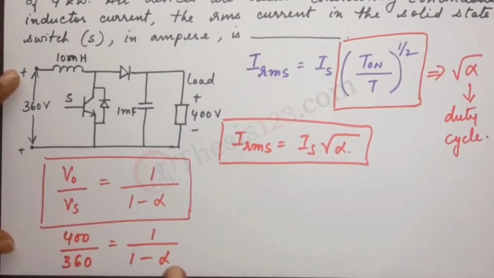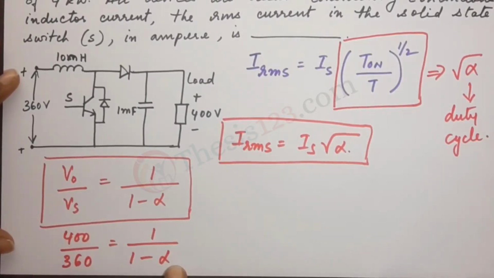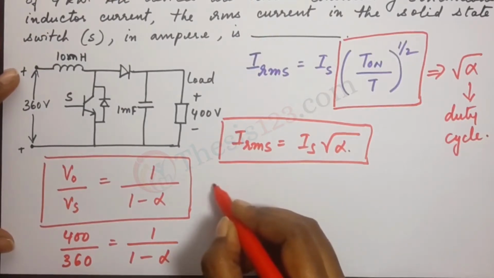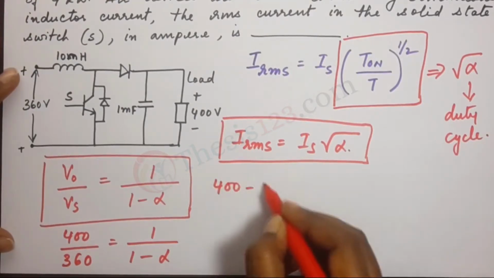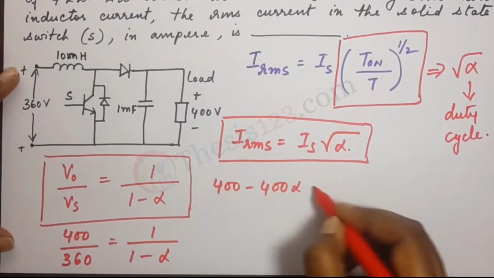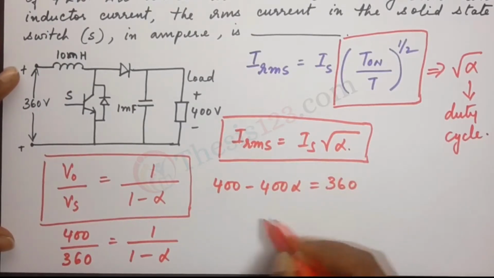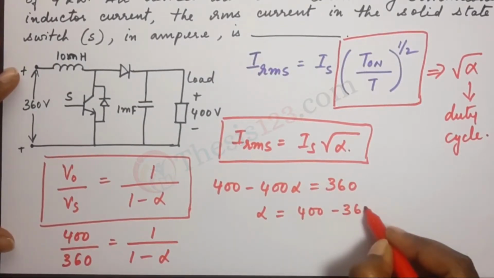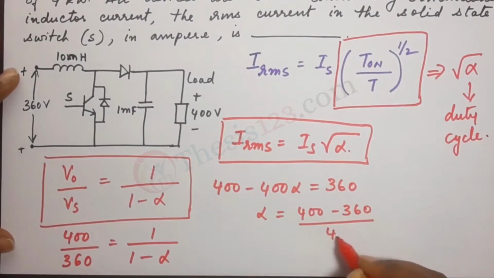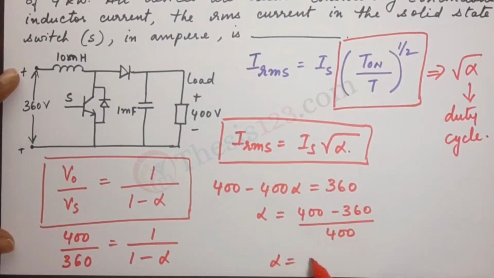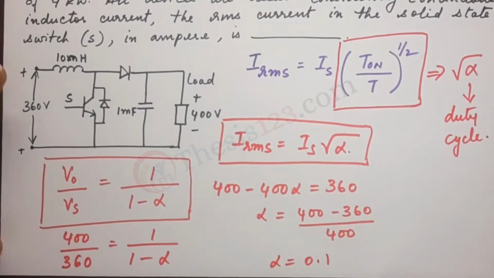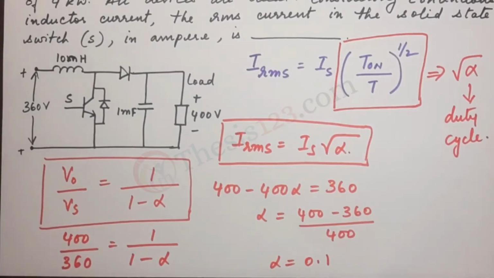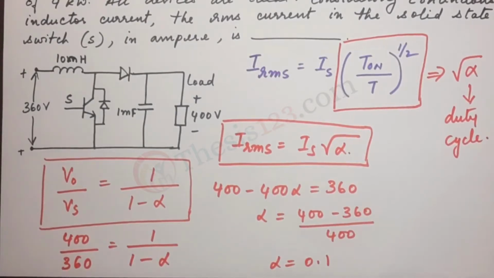From here we can solve and find out what alpha is, right? Let's see what we get here. We get 400 minus 400 alpha is equal to 360. From here, alpha is equal to 400 minus 360 divided by 400. That gives us 0.1. So here we now have the duty cycle value 0.1.